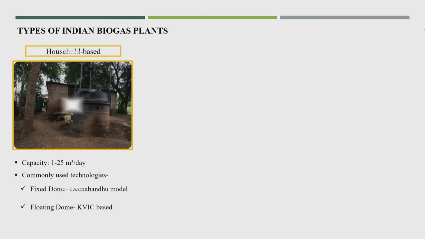As for types of biogas plants, this is a household biogas plant. This is the Deenbandhu model, and the same KVIC-based floating dome.